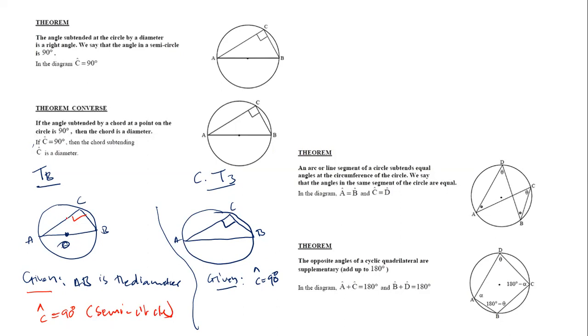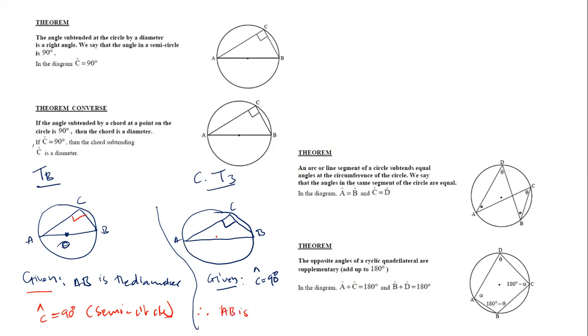That's theorem number 3. The converse does the same thing, but you are given the opposite of what you were given initially. The converse says that if you are told that here is 90 degrees, therefore, remember, this is not a diameter because we don't have a center, and we can't assume it is a diameter, but we need to prove that AB is a diameter. So we say that AB is a diameter.